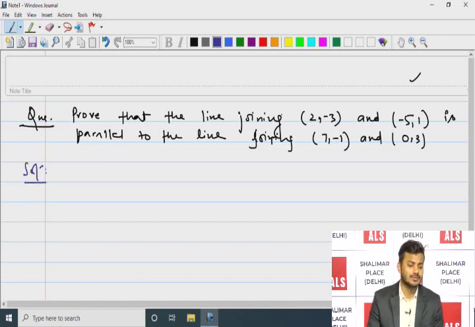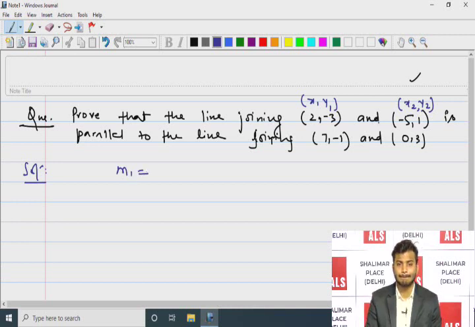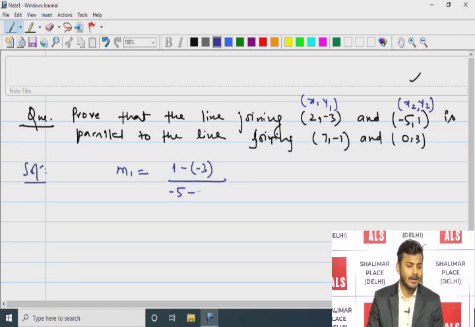So guys, this is 2, -3 and the other point is -5, 1. So this is your x1, y1, x2, y2, right? So what is the m1 value? m1 from these 2 points is going to be y2 minus y1, 1 minus of -3, divided by -5 minus 2. What we get? We get 4 divided by minus 7, so minus 4 by 7.